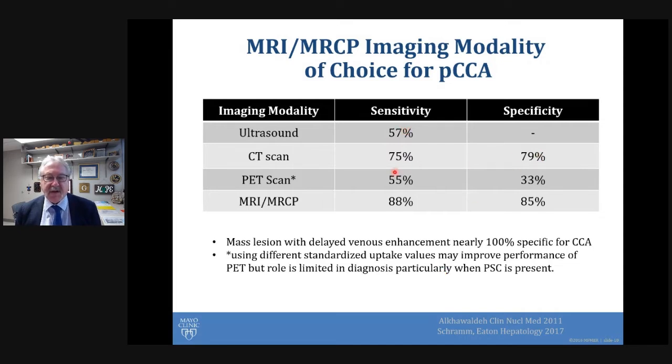The specificity of these techniques is about the same as the sensitivity, except for PET scan, which you see has a very low specificity, namely because inflammation in the liver associated with these diseases can result in a false positive PET scan.